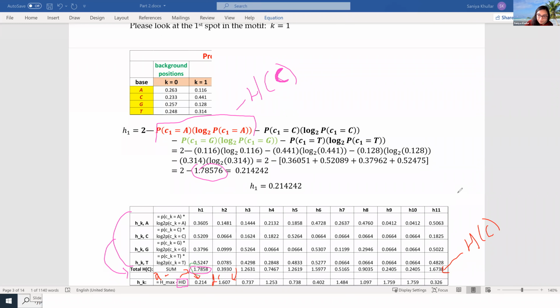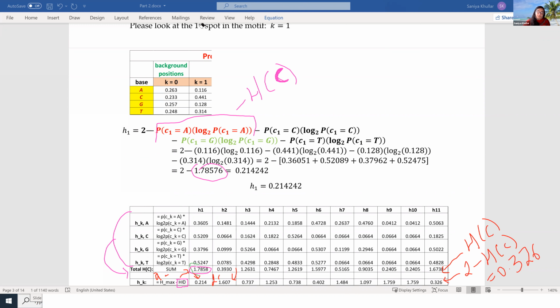So the way that you get this value is you just take 2 minus HC, which will be equal to 0.326. So you just apply the same formula. And again, this is just the height of each of these bases along a given position. So that's how you would use it.